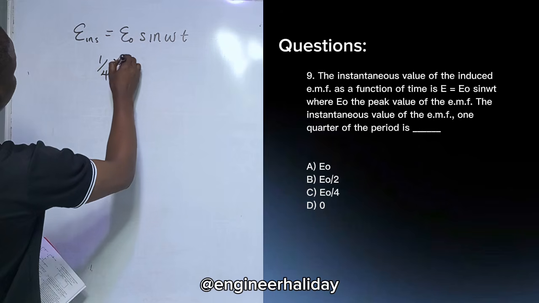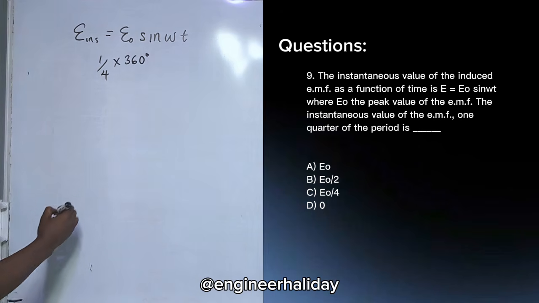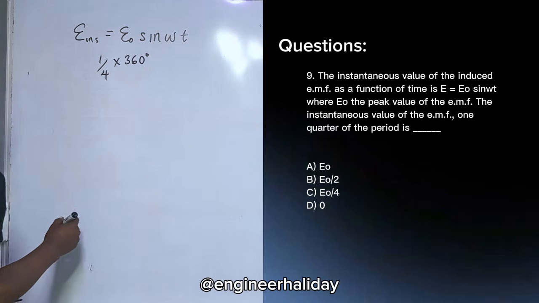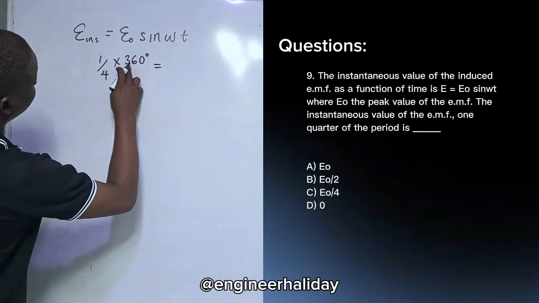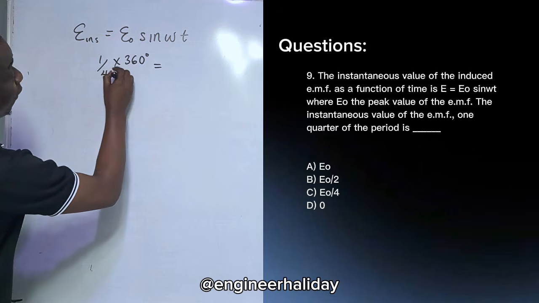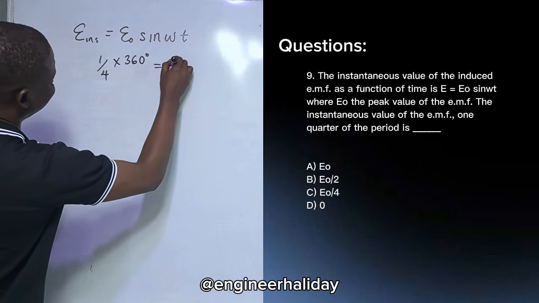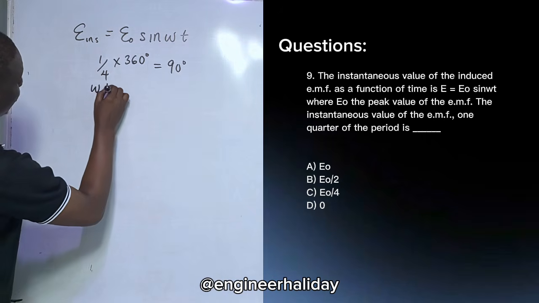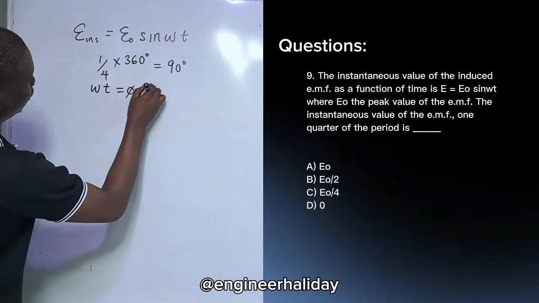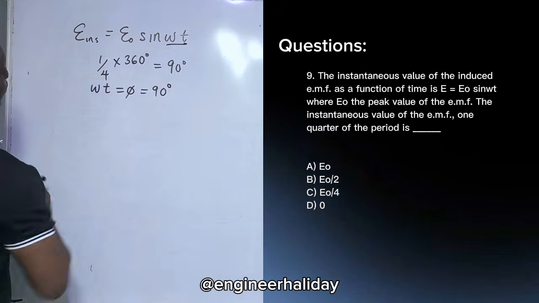Don't forget, one period is a circle, and a circle is 360 degrees. So 1/4 of 360 gives us 90 degrees. In that case, our phase angle theta will be equal to 90 degrees.